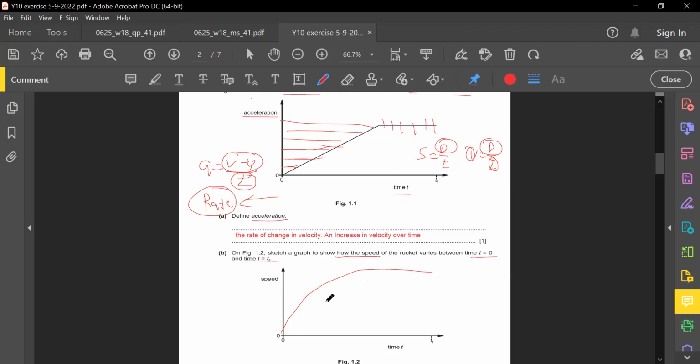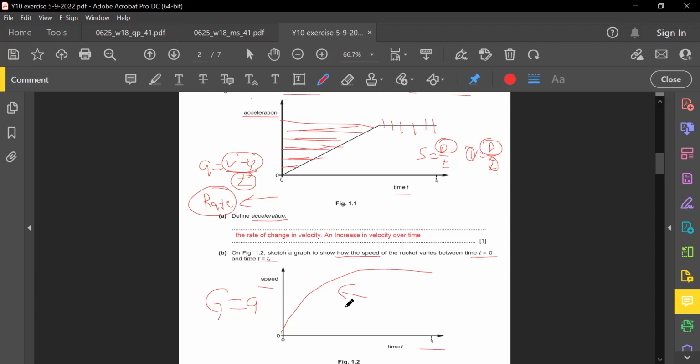Why? In the speed time graph, which component represents the acceleration? The gradient represents the acceleration. Now, looking at this graph here, if I have increasing acceleration, shouldn't I have increasing gradient?